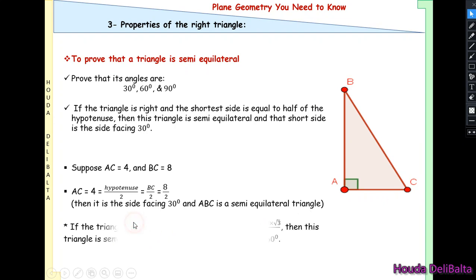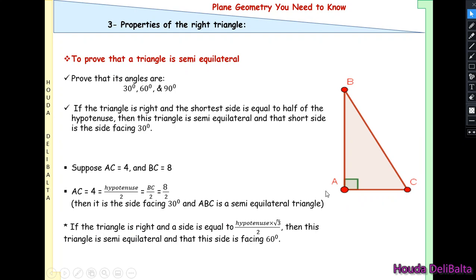Also, if the triangle is right and the medium side, not the shortest one, is equal to the hypotenuse times radical 3 over 2, then this triangle is semi-equilateral. For example, suppose that BC equals 10, and BA equals 5 radical 3.